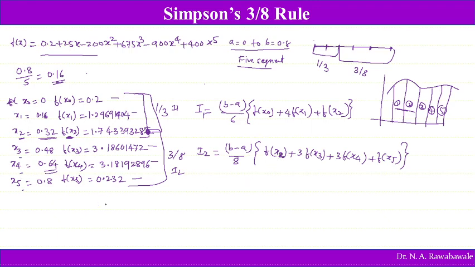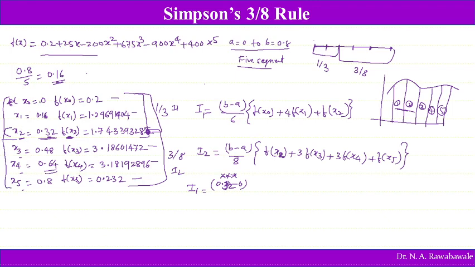So now integral I1 can be obtained. Here b is not 0.8 but 0.32, and a is 0. This is important: we are treating this as one problem, and from here as a second problem.